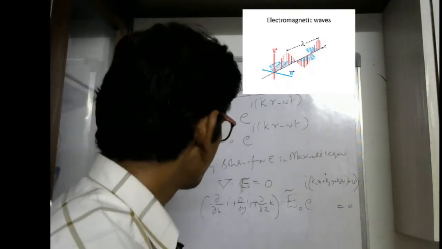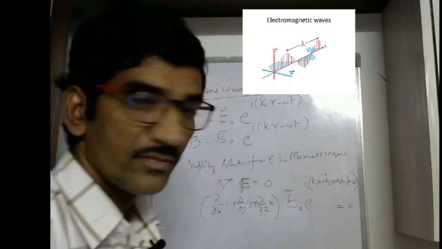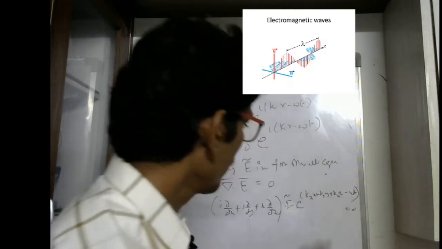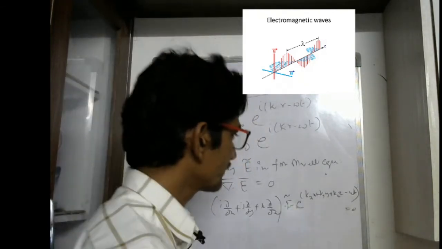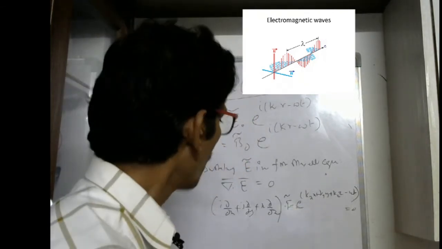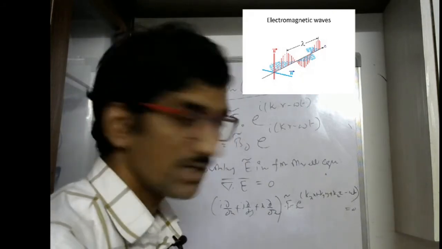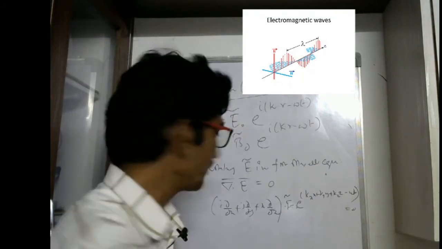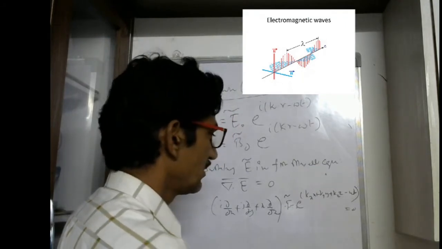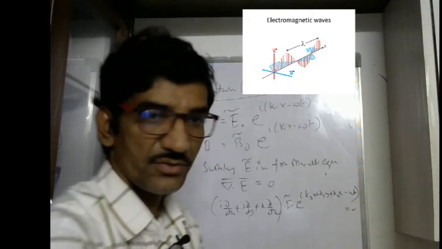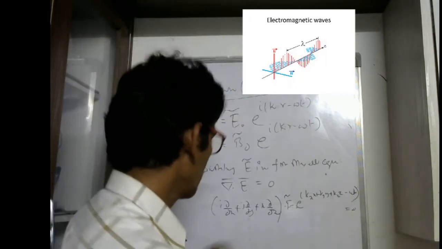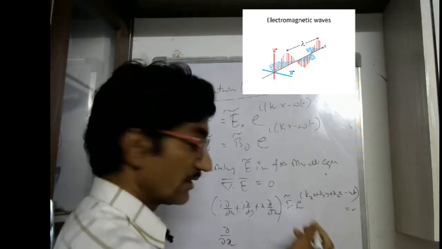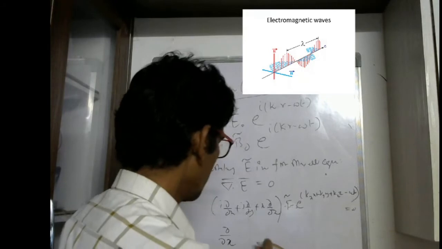Now, see here what you are getting after doing the dot multiplication. For every term you have to do the dot multiplication, then you get del by del x of this thing.